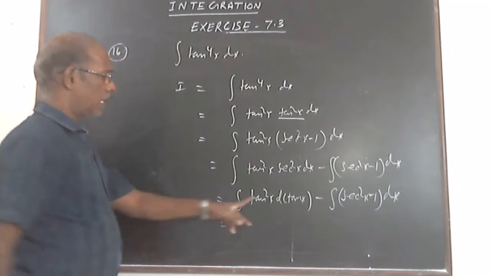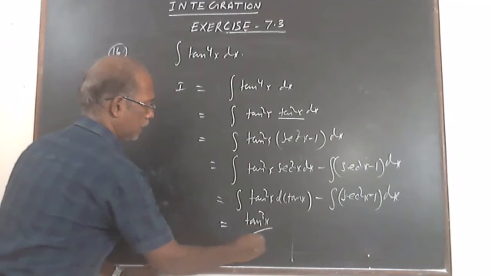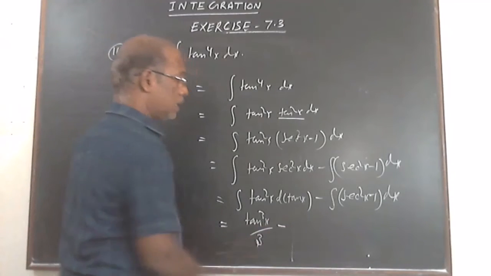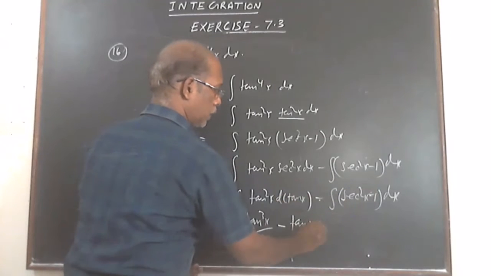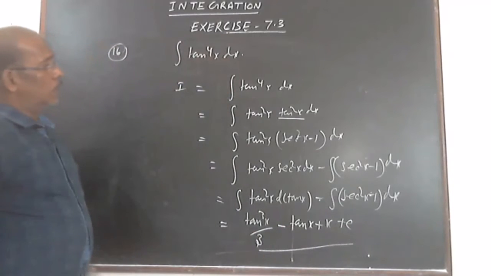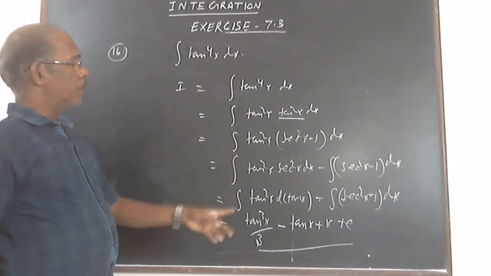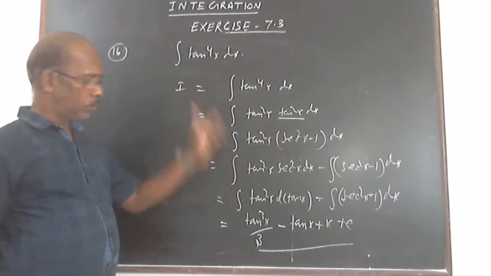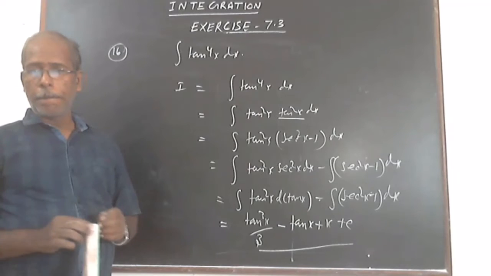What is the integral of tan square x with respect to tan x? Tan cube x by 3. This is the first term, the integrated value. Minus the integral of secant square x, which is tan x, plus the integral of 1 with respect to x, with the integral constant. Copy it. This is the integral of tan power 4 x, and we have used trigonometric identities. Go through and copy it. We'll move to the next question, question number 17.